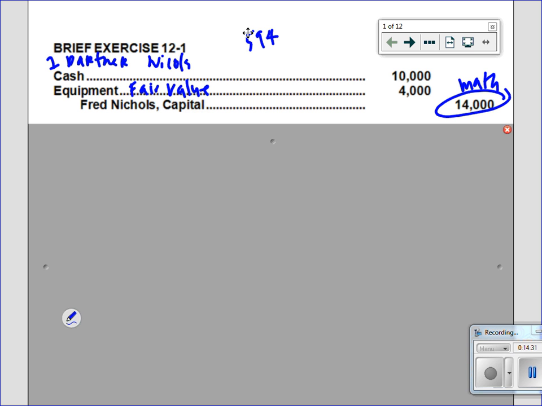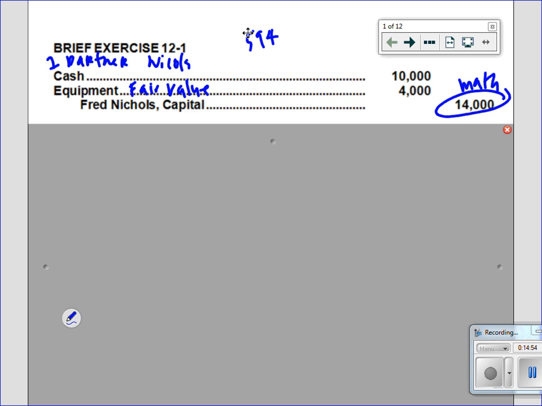The accumulated depreciation. The partners agree that the net realizable value of the ARs is actually $14,500. So that's factoring in what it's valued at less the doubtful, and that the fair value of the equipment is actually $11,000 instead of the $13,000 that they're saying.